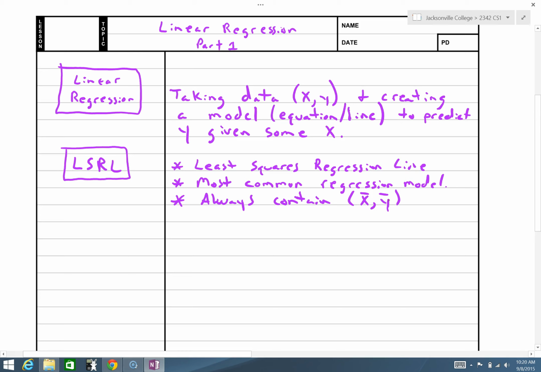The equation of this line will be given by y hat equals a plus bx. This y hat is the predicted y value.